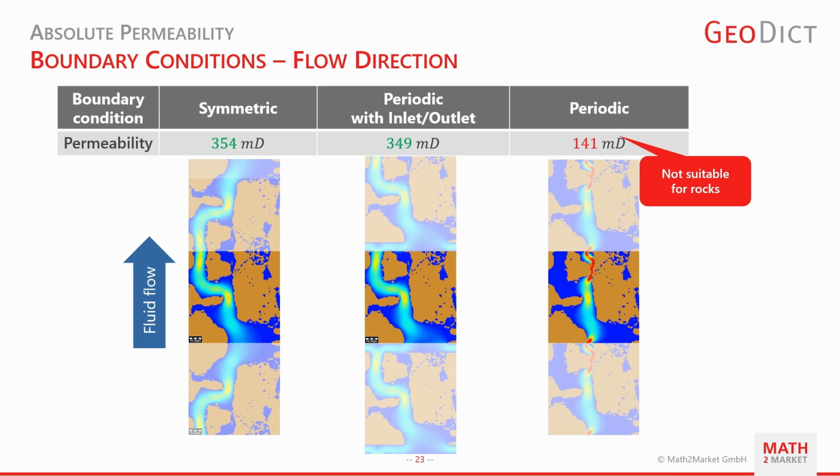This boundary condition is therefore not suitable for rocks and should not be chosen for these applications. You should either choose symmetric boundary conditions, which might need a little bit more memory, or the periodic boundary conditions, which are the default in GeoDict.